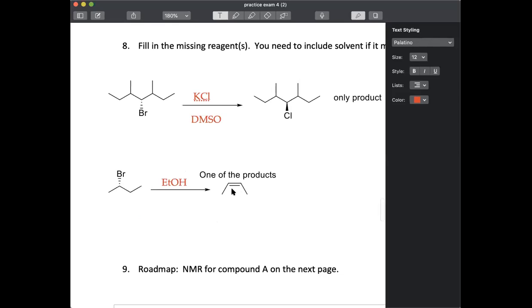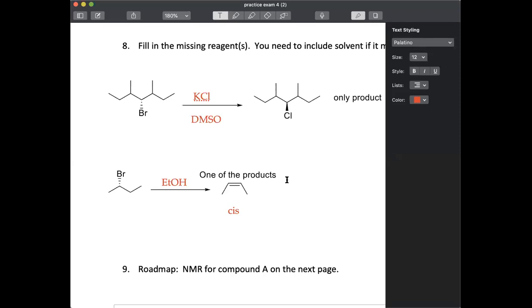Since this is cis, if we undergo an E2 reaction, it's going to form a trans product. It will not form a cis product. And so the only possibility is SN1 and E1.